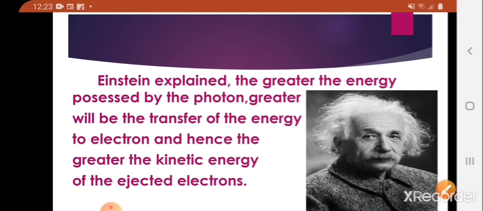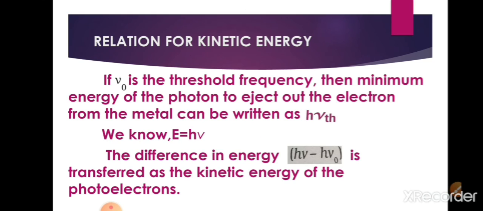This is how Einstein explained the photoelectric effect with various colors of light using Planck's quantum theory of electromagnetic radiation.